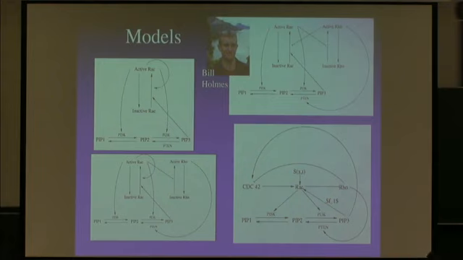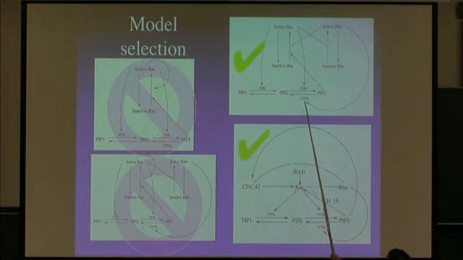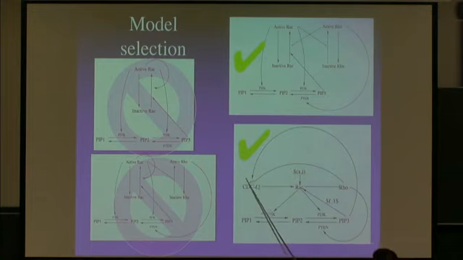So we were able to reject our old model, and we examined a variety of others, and for reasons which I'll show you in a minute, we settled on this one as being capable of explaining the data. And at that time we thought that CDC42 was also important, so we added that as well.